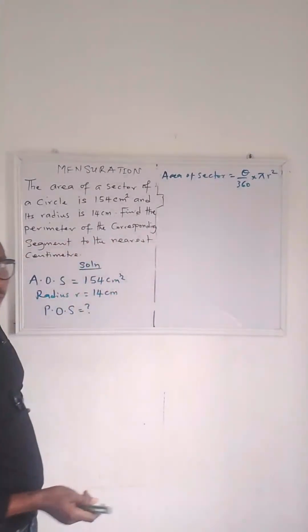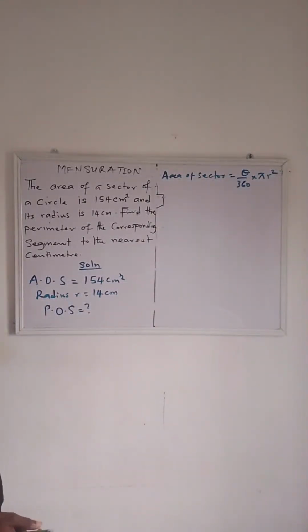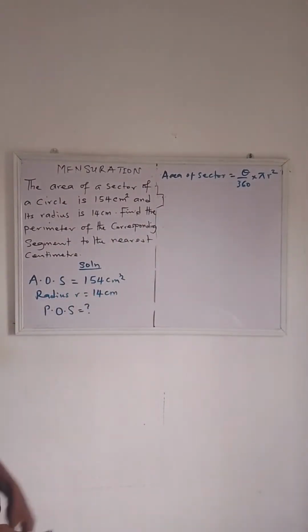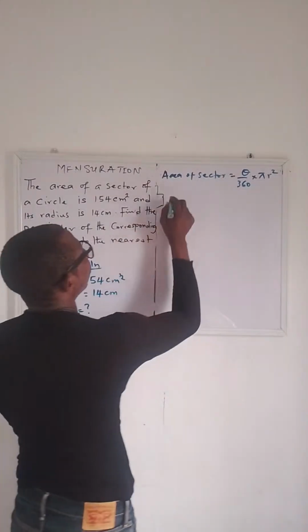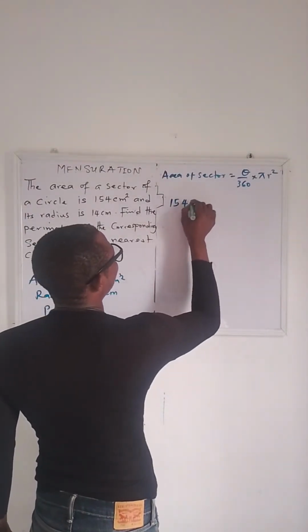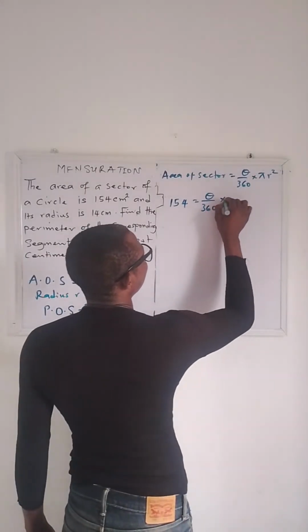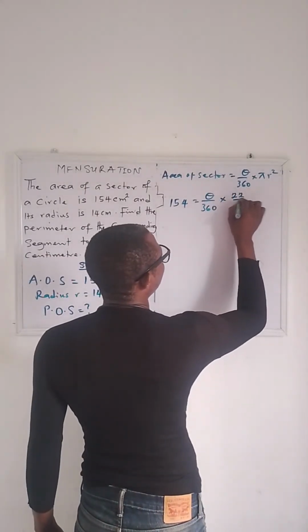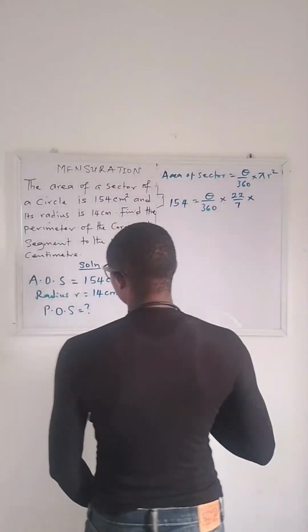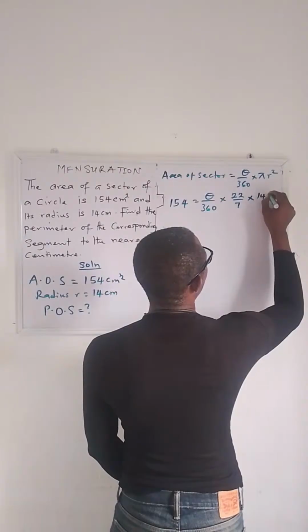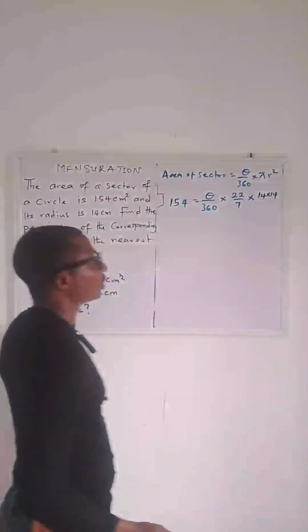This is the formula for finding area of a sector. The area of the sector has been given to be 154. So we have 154 equals theta over 360 times pi, which is 22 over 7, times the radius, which is 14. We have 14 times 14.